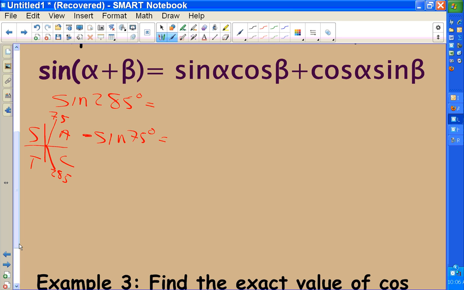You can if you memorize 15. Can you do that this year? 45 minus 30? 120 minus 45?